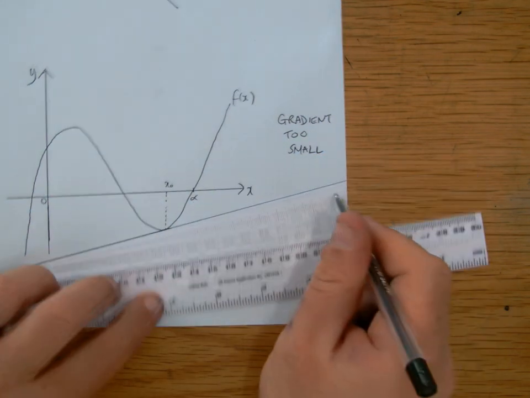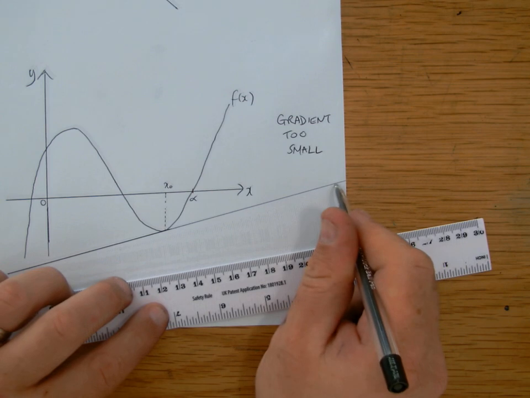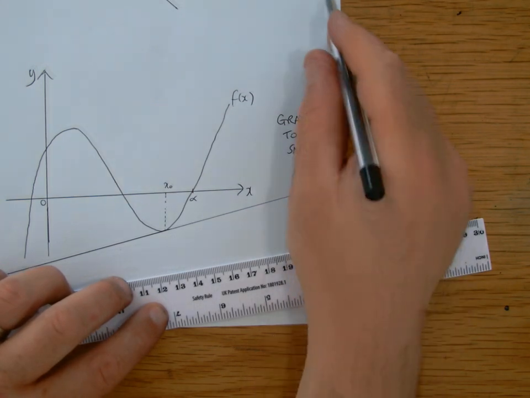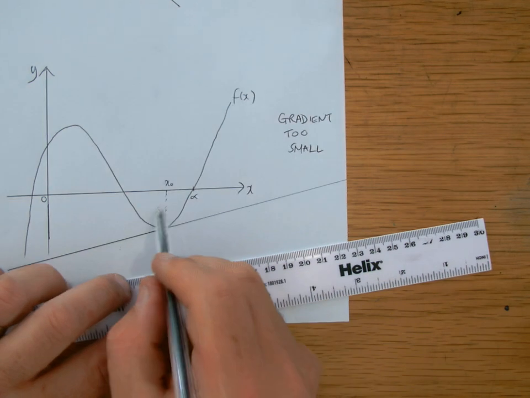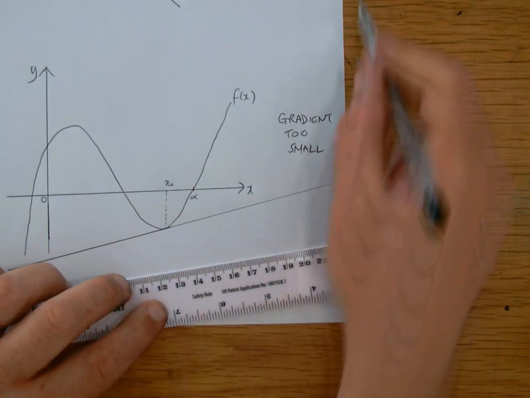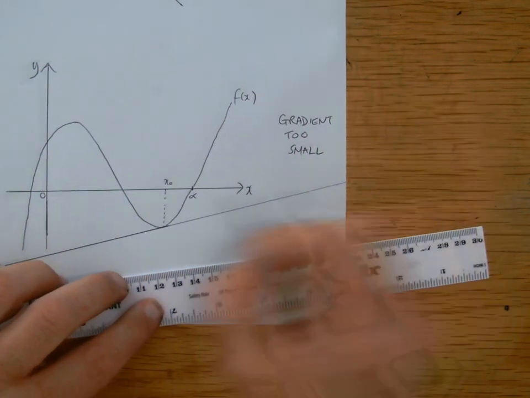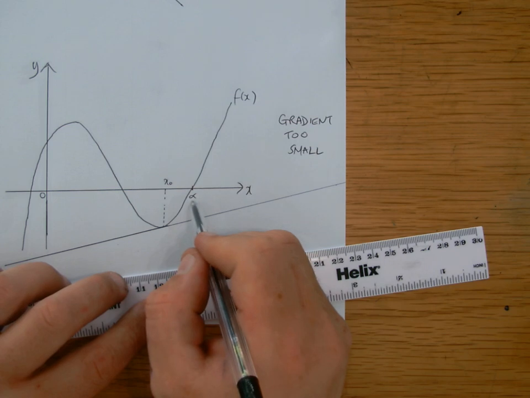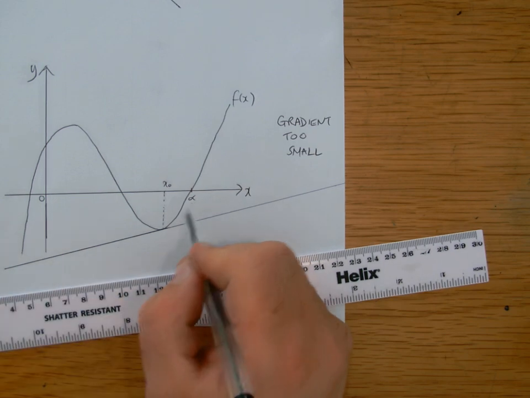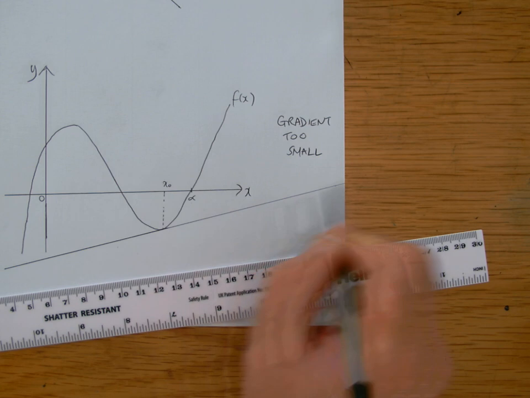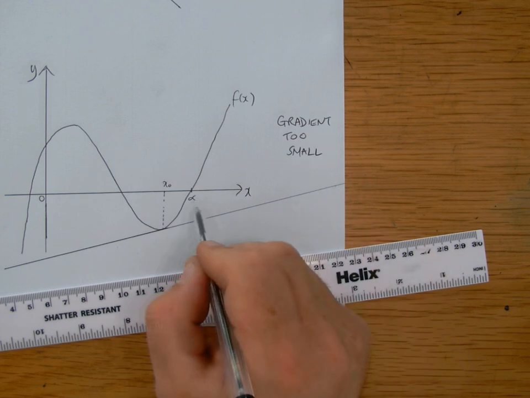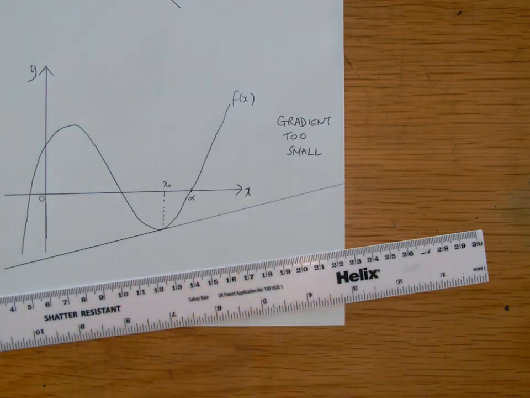In fact, it's off my grid here, but it's going to be over here somewhere. So there's my x0, my x1 is going to be way over here, and we're going away from the root alpha. Whereas I want to converge on the root alpha, I'm going away from it. So when the gradient's too small, that could be an issue.